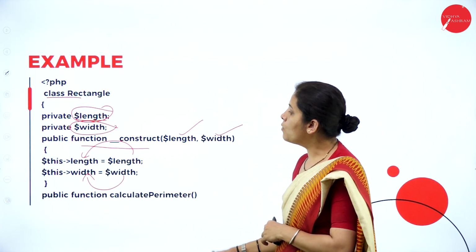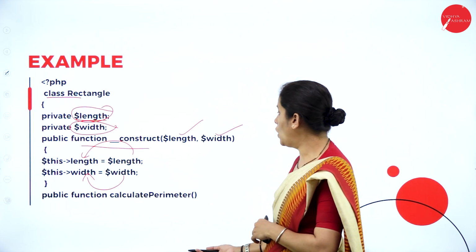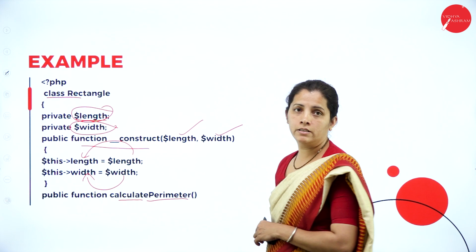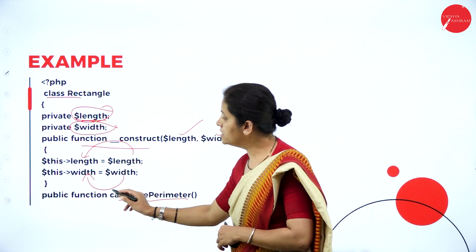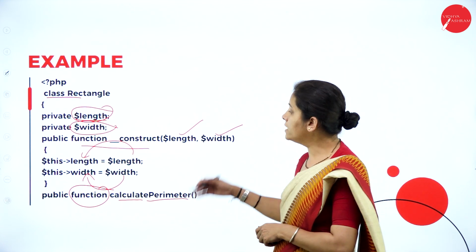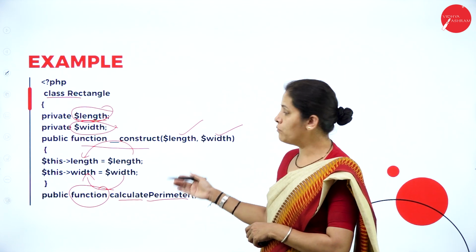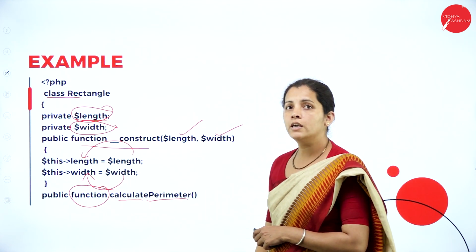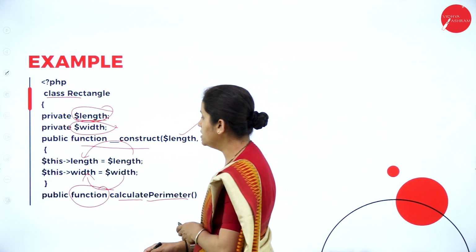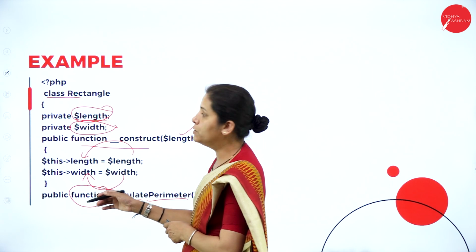Now I have one more function called calculate perimeter. So it's a function. I'm going to use the keyword function. To create a function in PHP, I want to use a keyword called function. And see, this function returns the value.